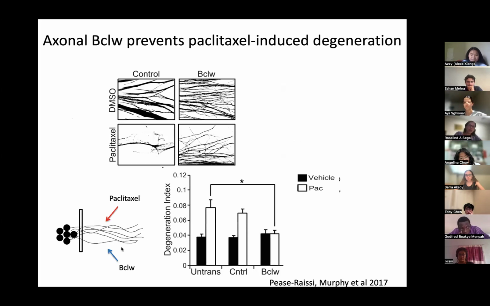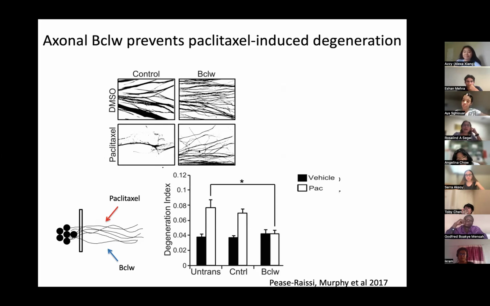So here, what we've done again is we're treating the axons with paclitaxel, but before we do that, we introduce additional BCLW protein into the axons. And you can see here that with paclitaxel treatment, you get the degeneration of the axons, and this is prevented by BCLW added back to the axons.